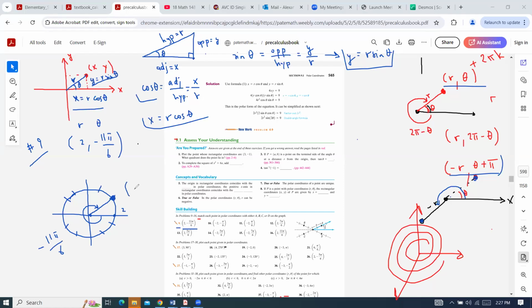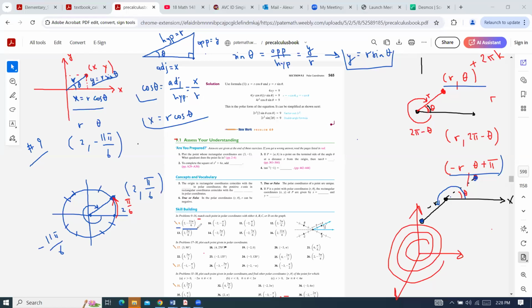And this point could also be treated if I had the same r equal to 2, but angle just pi over 6, if I went in the counterclockwise direction, as we usually used to, but it doesn't matter. Idea is it's still the same end result, still the same point, right?